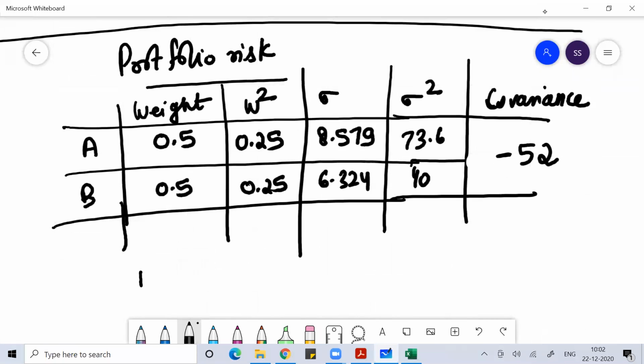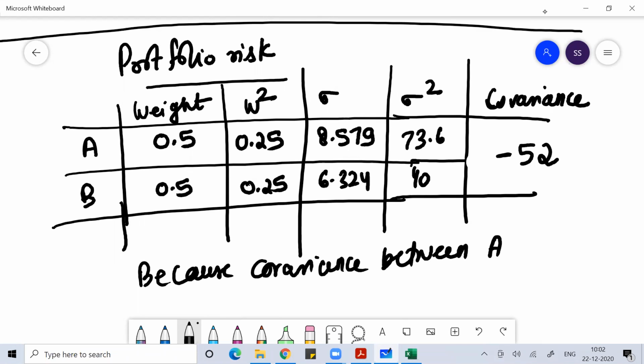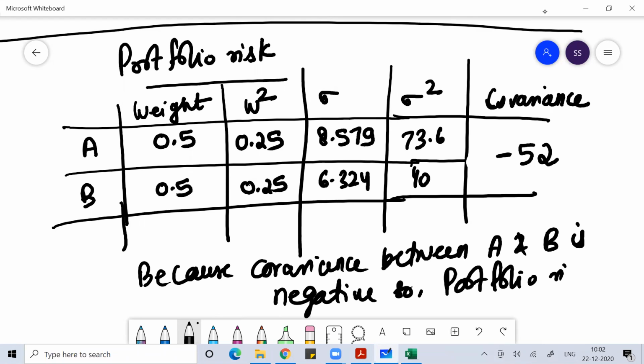You can see that because the covariance between A and B is negative, the portfolio risk will decrease. Understand this? Okay, everyone.